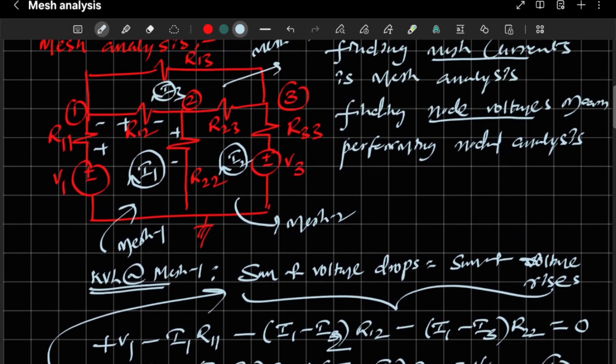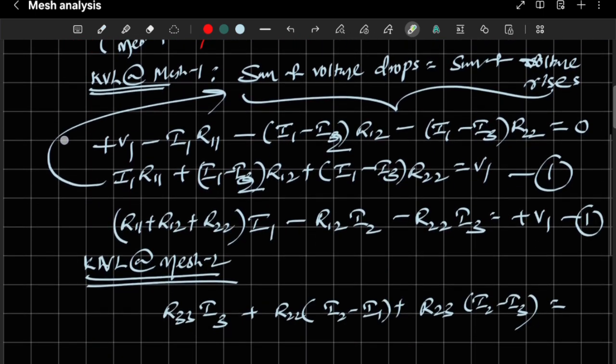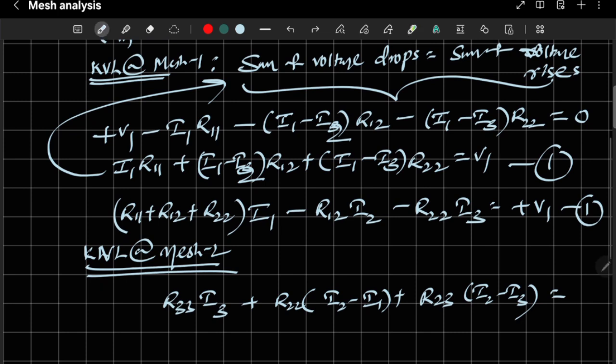In clockwise direction, here plus minus V3 is there. So here it is reduced. Okay, that means it is a drop. But to follow this expression, I need to write it is equal to voltage rise. V3 is actually falling. To make it rise, I have to take minus V3.